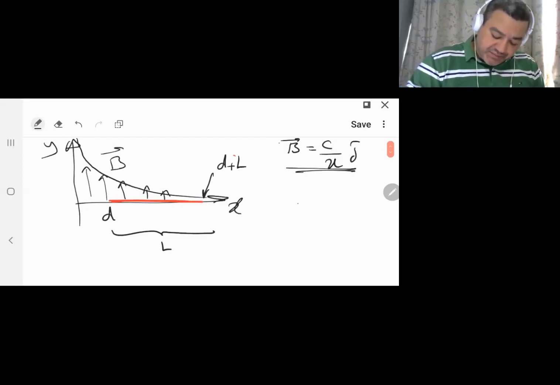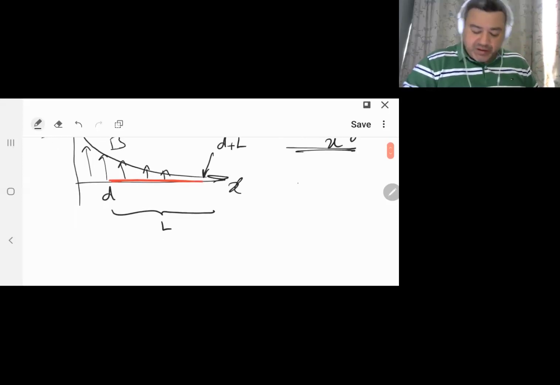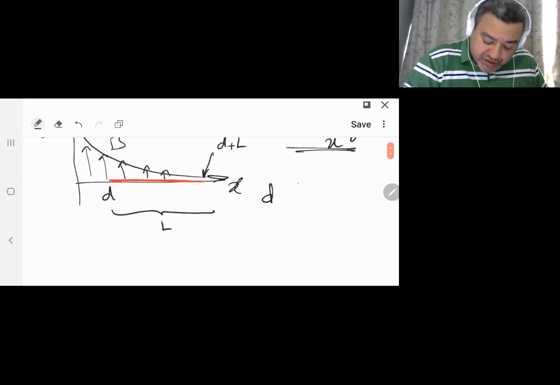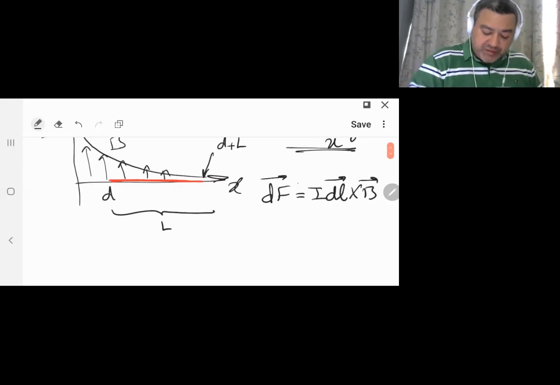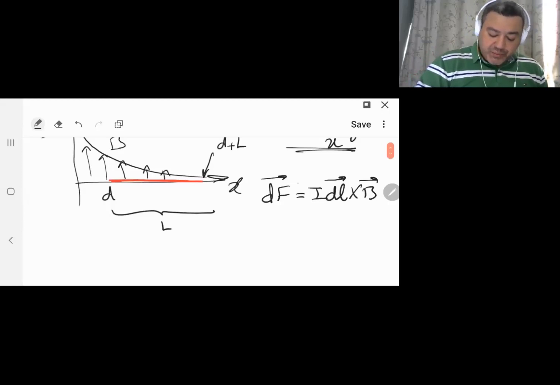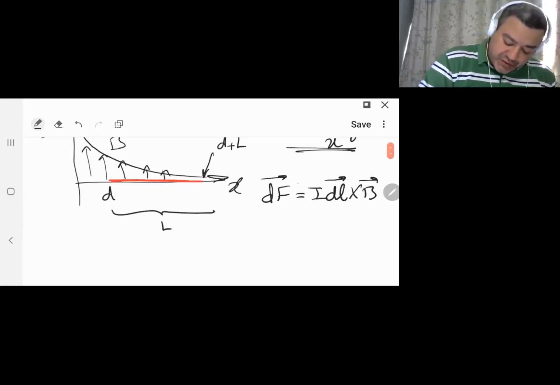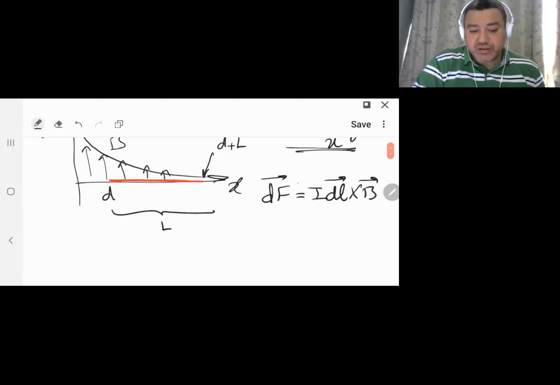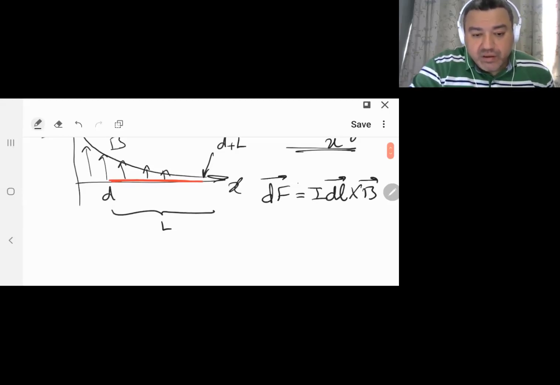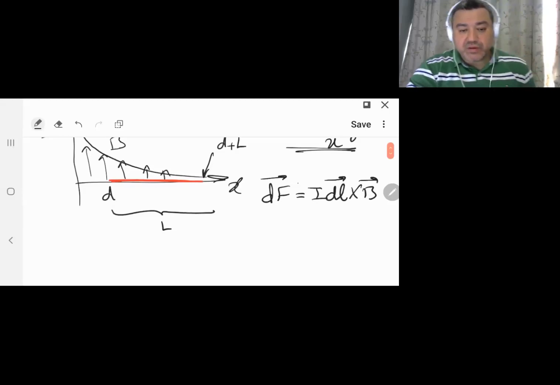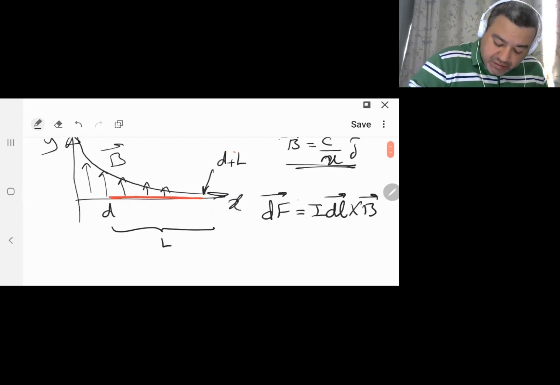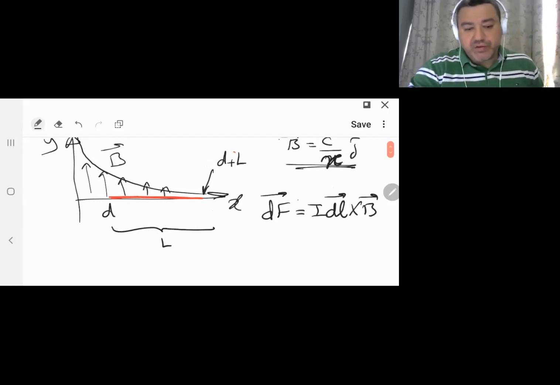The first thing is we put the general equation, which is dF equals I dl vector cross B vector. The most important thing that you should be aware of is how to represent that, because B equals C over x.